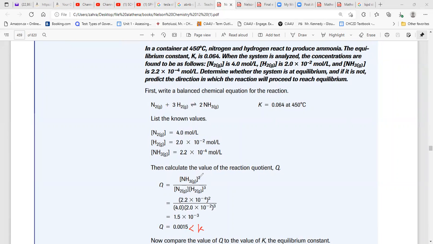If K is greater than Q, you need to increase this number to make Q higher, so you need to increase the product. To increase it, you need to go forward. That's why the forward reaction will happen to help the system reach equilibrium.